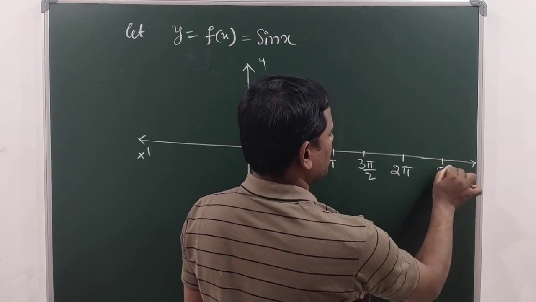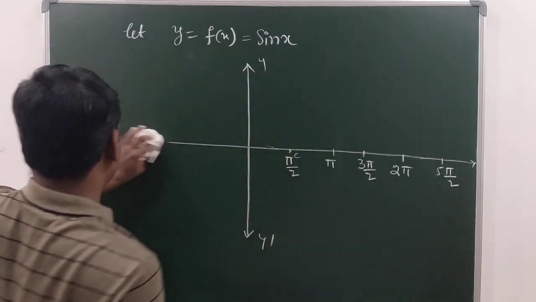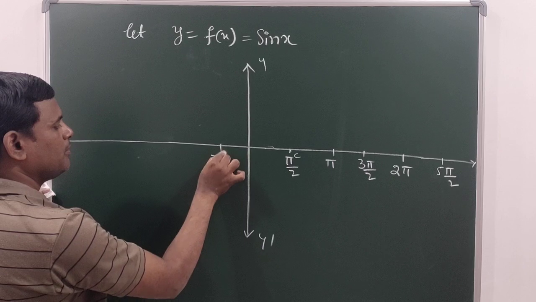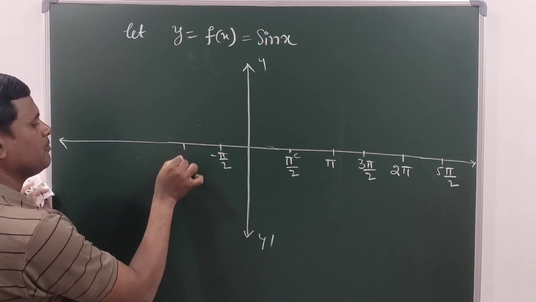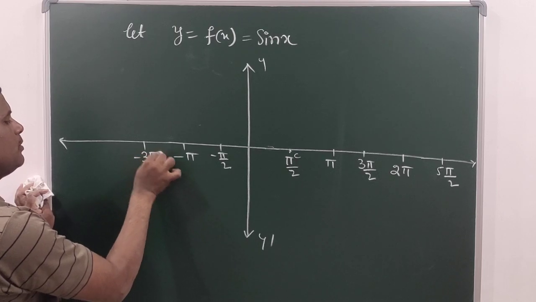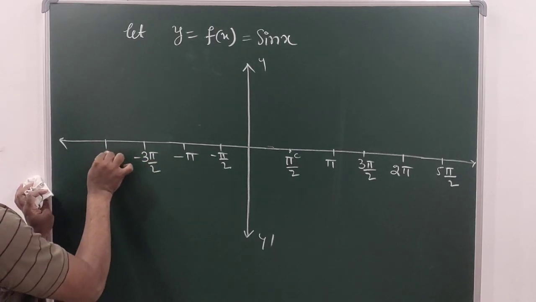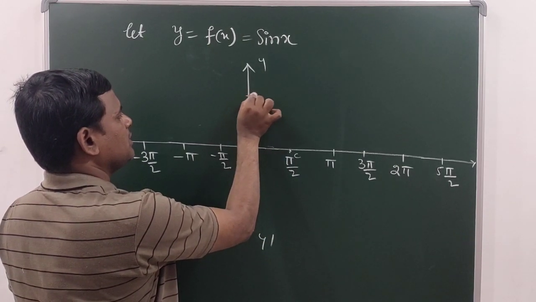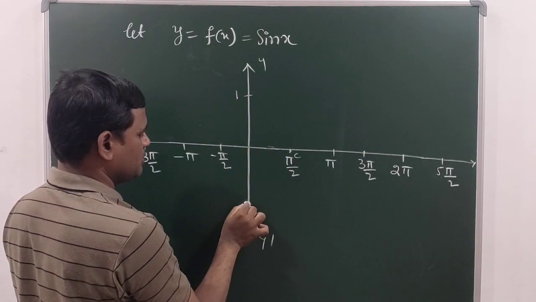Here it is 5 pi by 2. Now on the left side of the origin, here you will get minus pi by 2, minus pi, minus 3 pi by 2, minus 2 pi, and so on. And on the y-axis take here 1, here minus 1.